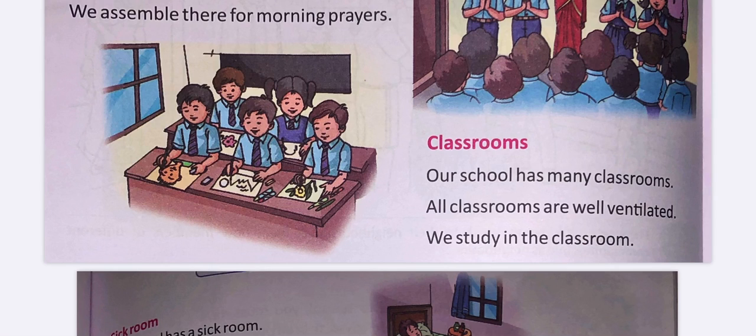A classroom should also be very well ventilated. What do you mean by ventilation? Proper movement of air. Now, those who are old to the school know that all the classrooms that we have here have windows that keep the classroom well ventilated.